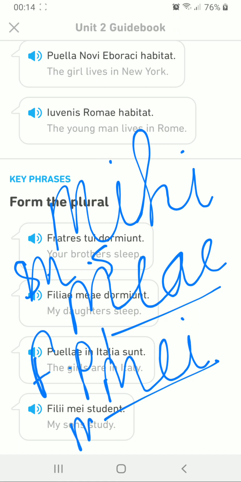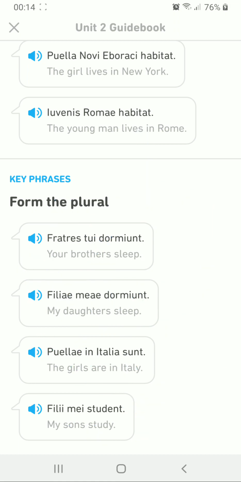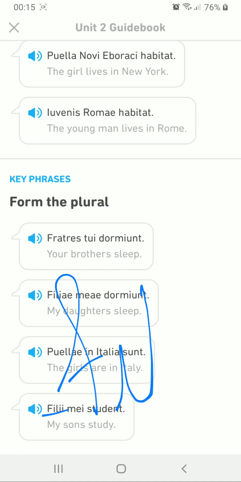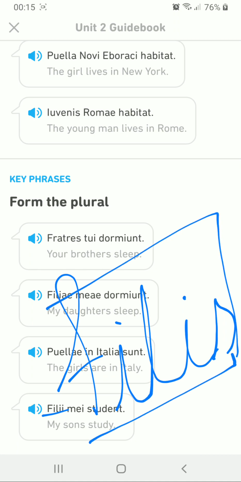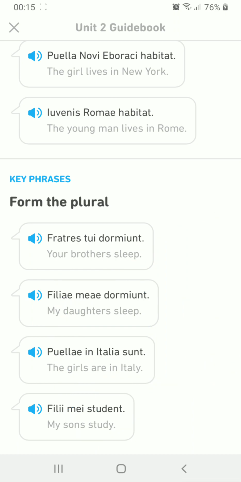Filius is son, filiae is daughters. I believe that filius is one son, filii in plural. Filii mei student. This is the study.